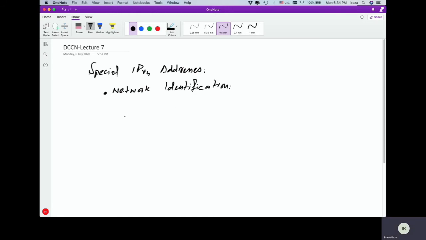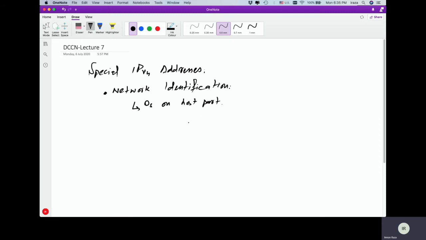In order to calculate a network address, what we do basically is turn the bits in the host portion 0. If I have all zeros on the host part, this will give me the network address.